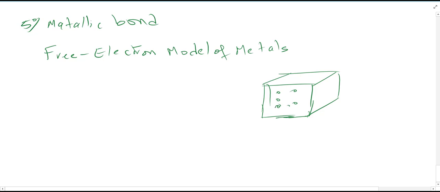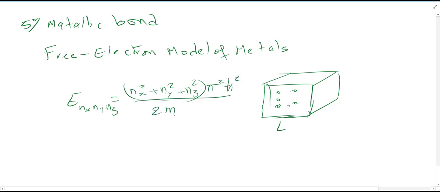This is actually a problem that we dealt with before, and that problem is that of a free particle in a box, in a cube in this case, of length L. So if we go back into this previous chapter, we will find that the energy in this case is expressed by 3 quantum numbers, nx, ny, and nz, and it's equal to (nx squared plus ny squared plus nz squared) times the constant pi squared h bar squared over 2m L squared.